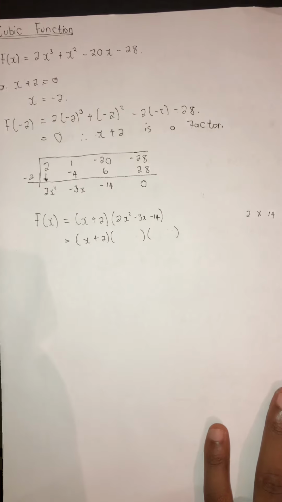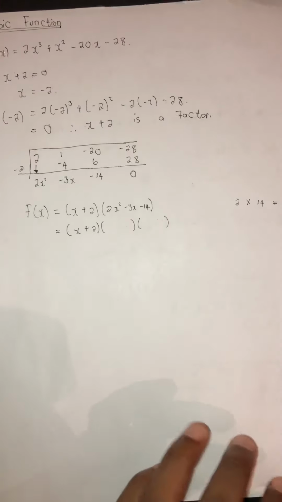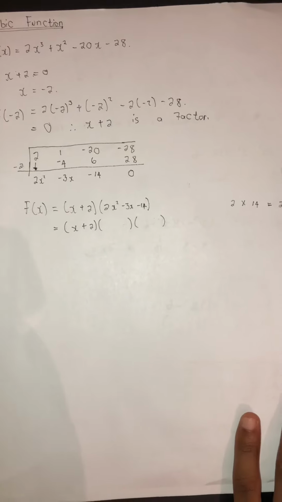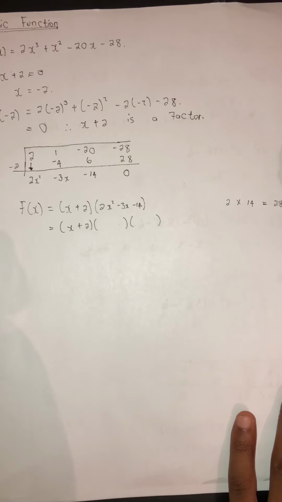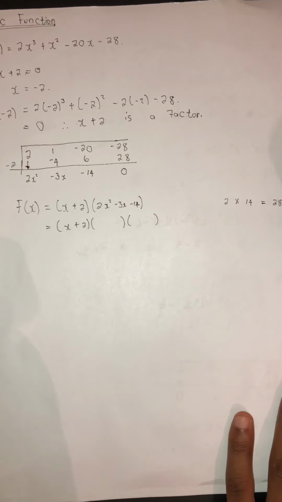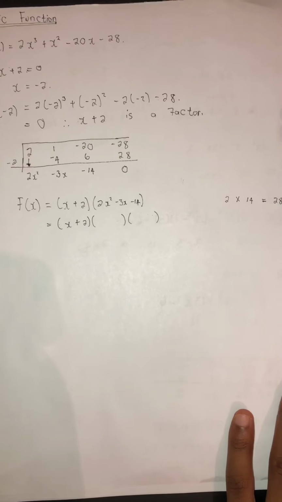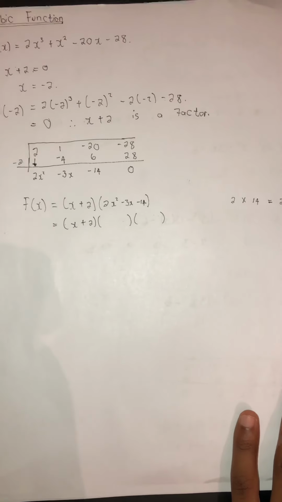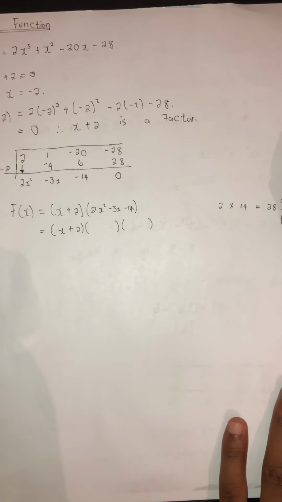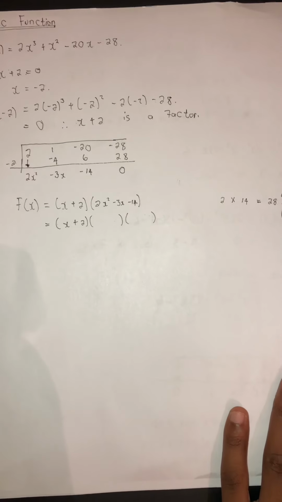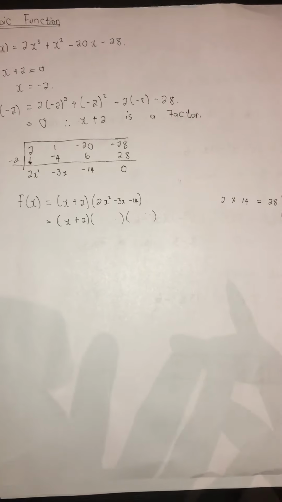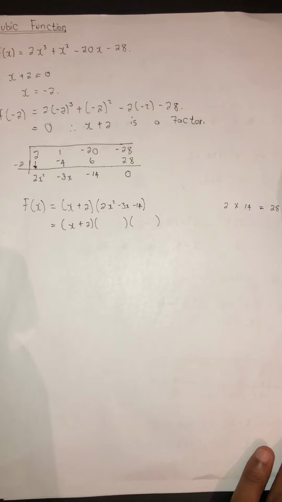Then I look for products of 28. Products of 28 can be 1 times 28, 2 times 14, and 7 times 4.